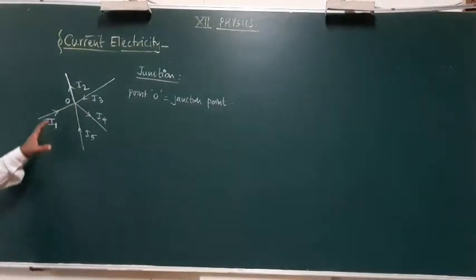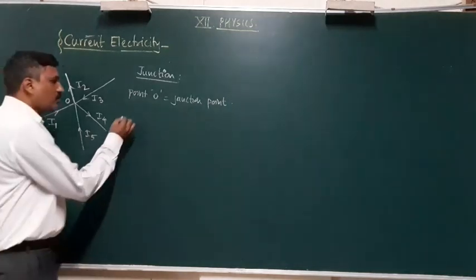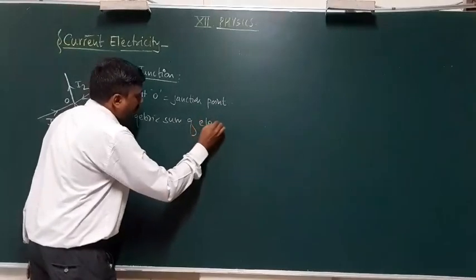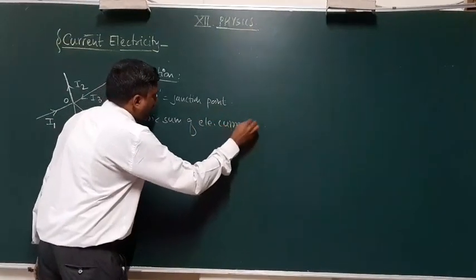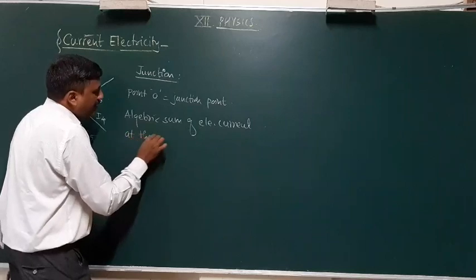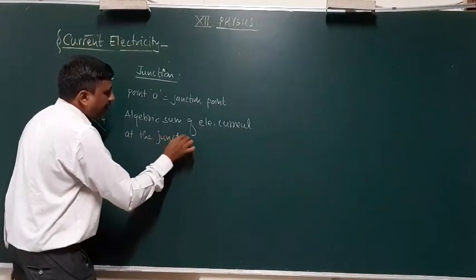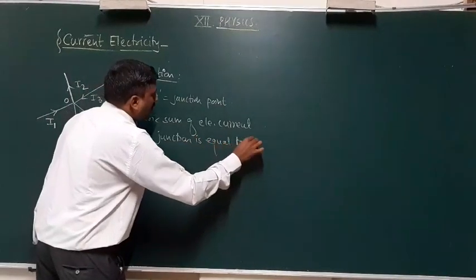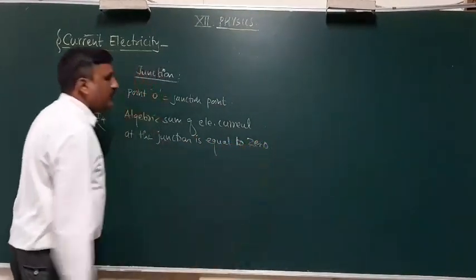Now Kirchhoff's law says that the algebraic sum of electric current at the junction is equal to 0.